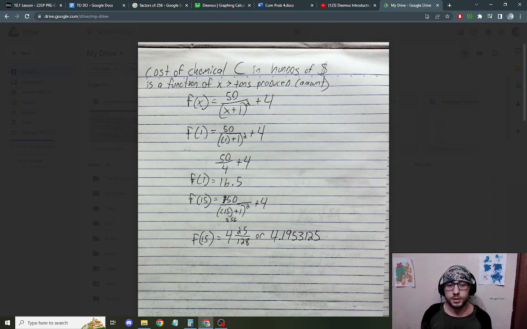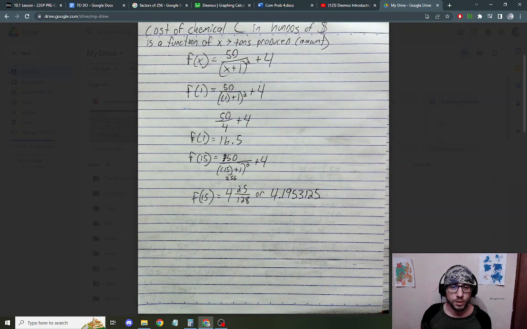So the cost per ton to produce 1 ton is 16.5 hundred dollars.